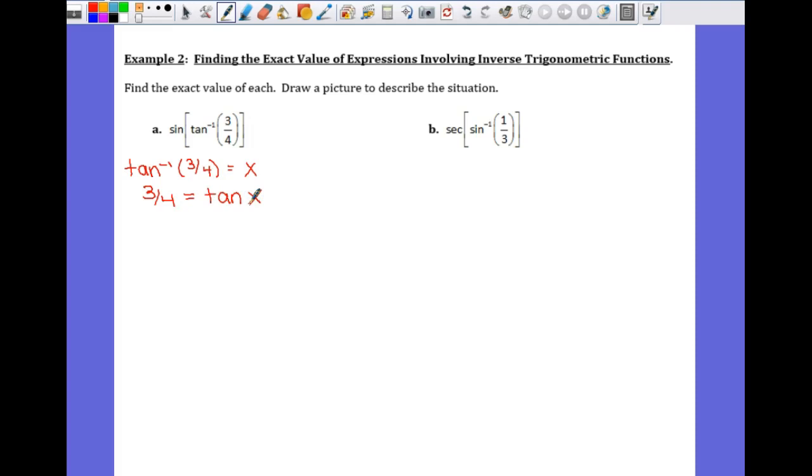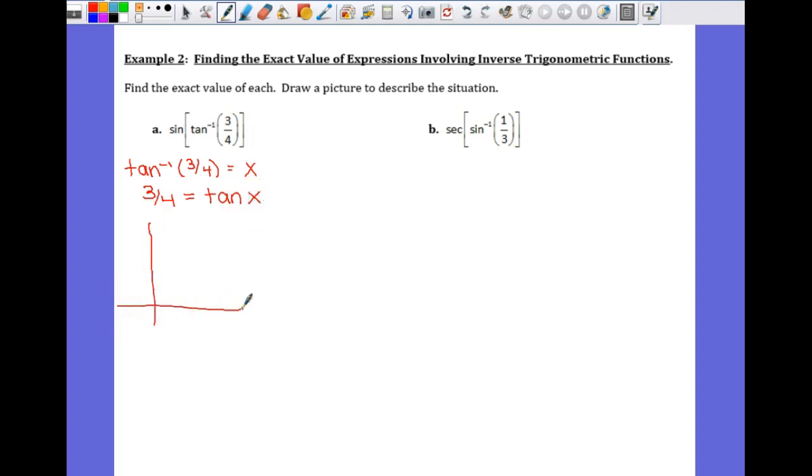Now, if I asked you to draw that, that's your SOHCAHTOA. This one's easy because it's a Pythagorean triple. The tangent of theta equals 3/4, which is opposite over adjacent. I'll draw it the right way. Here would be quadrant 1.